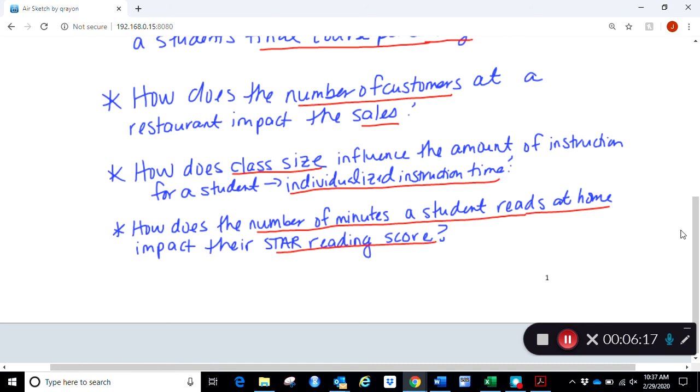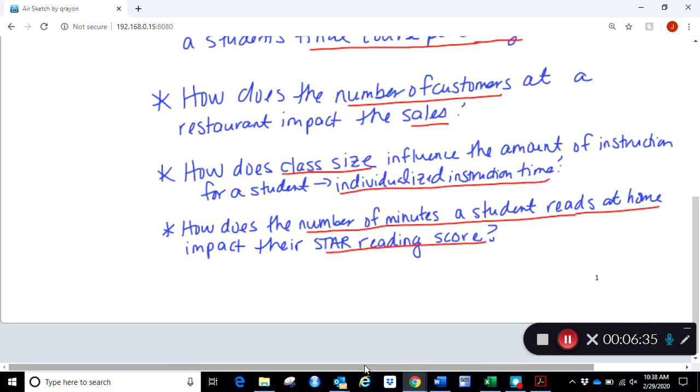So all of these are examples that we would be able to answer by the analysis we're going to talk about in this section. As a heads up of two different things. One, we're going to be using StatCrunch to do a lot of the actual math here for us, and we're going to focus on interpreting.